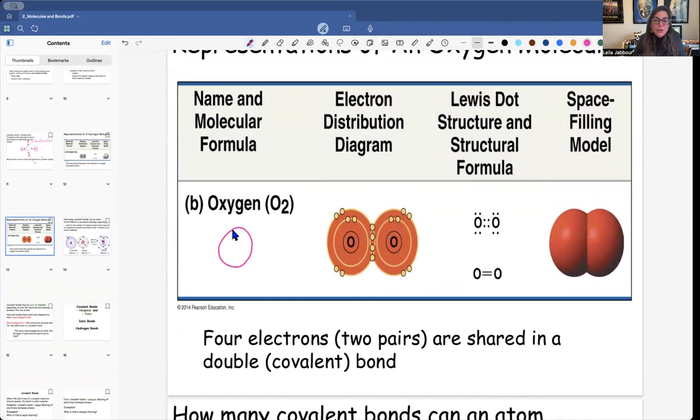So here's my oxygen. I have 1, 2, 3, 4, 5, 6. When we have pairs of electrons, we don't have to worry about stability.